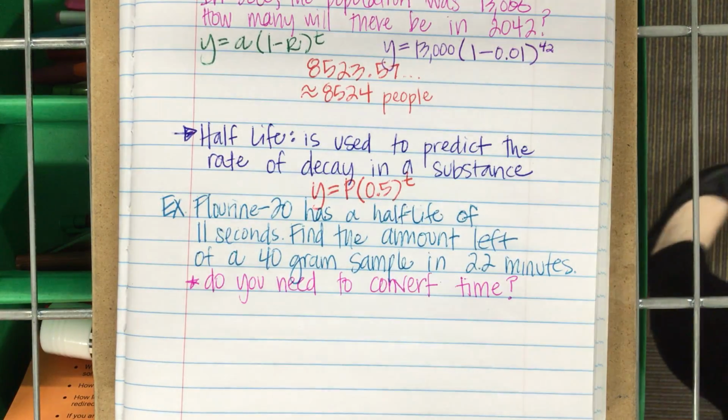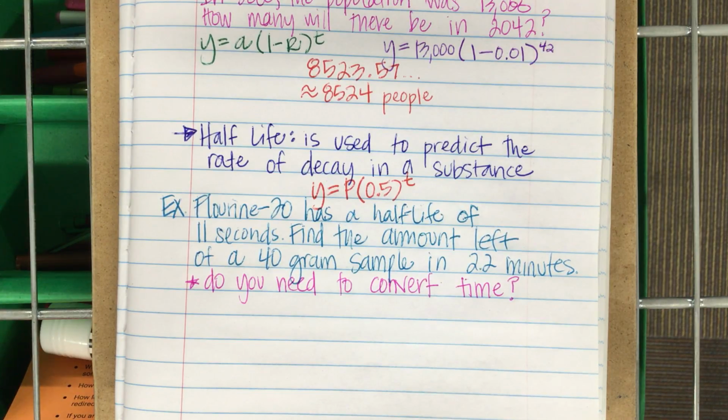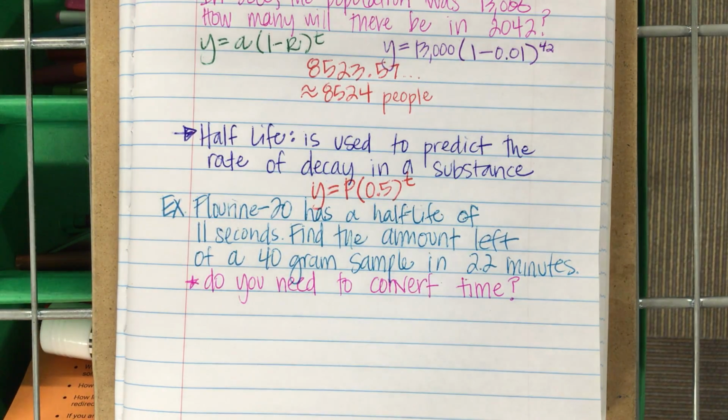Because the half-life of fluorine 20 is 11 seconds, but it's asking me to figure out an answer in minutes. So I have to figure out how many 11 seconds are in 2.2 minutes.